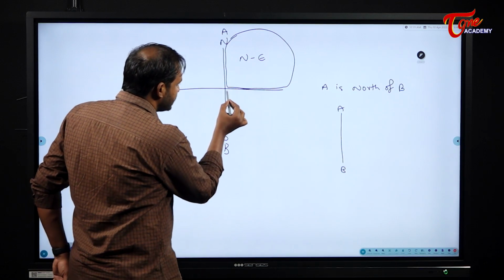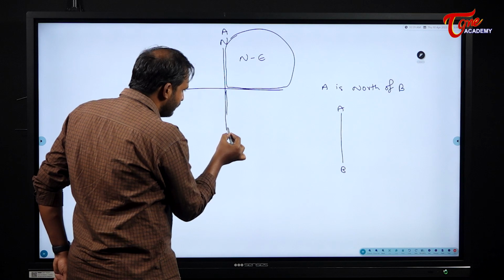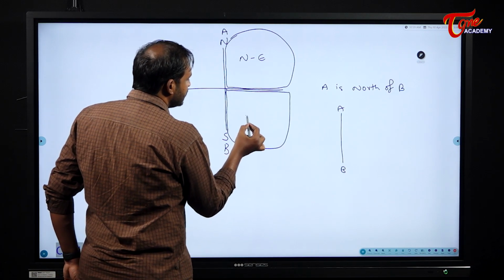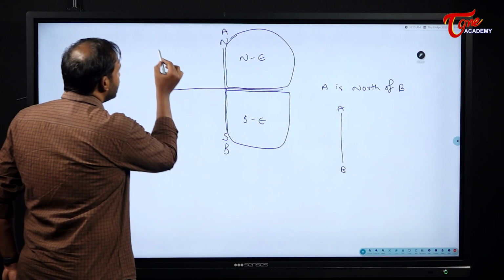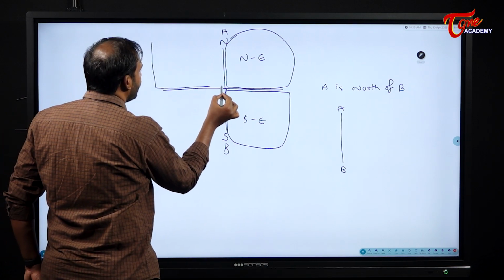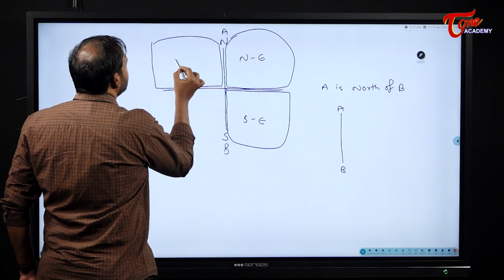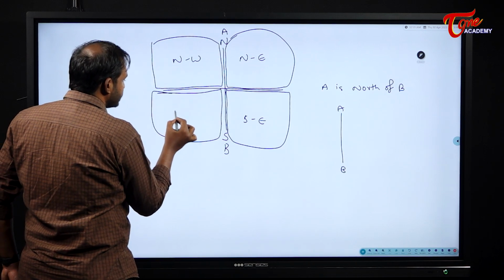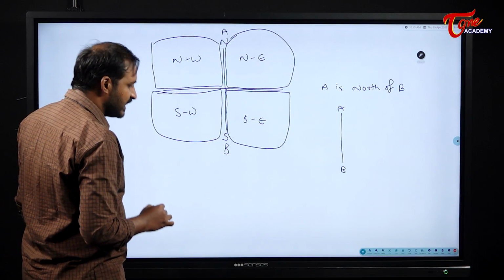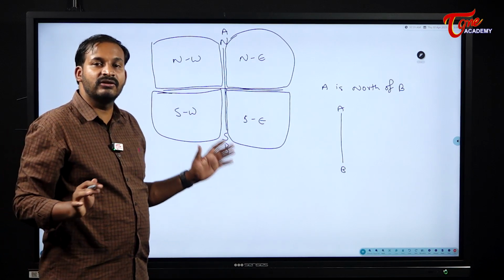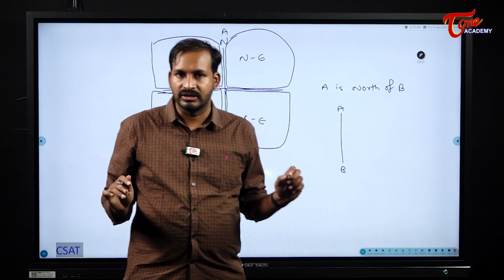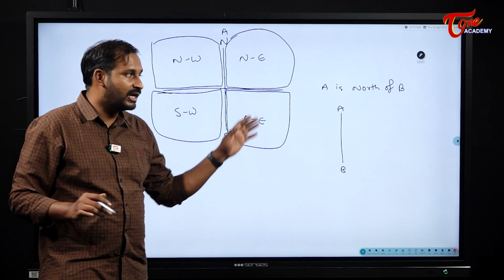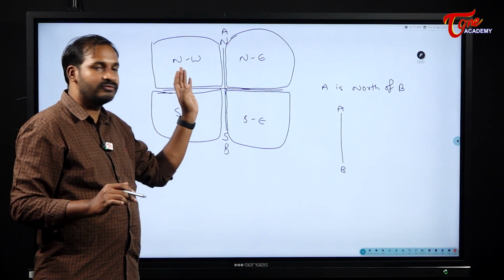If they deviate by a minor degree, even 0.0001 degree, all this area falls under southeast, this entire area falls under northwest, and this entire area falls under southwest. Did you understand, students? If they are in an exactly straight line, only then will we say east, west, north or south. If they deviate by even a minute angle, that falls under northeast, southeast, southwest or northwest.